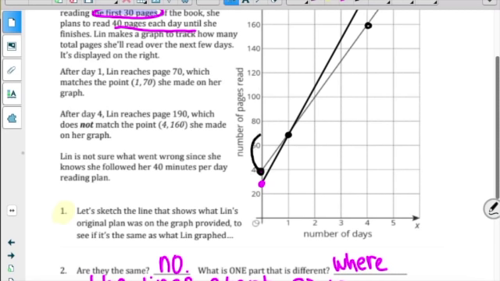To go from 40 to 70, we changed by 30. So that's our numerator. Our horizontal change from day 0 to day 1 is 1. So the slope of Lynn's line is 30 pages per day. But that's not what she's doing. She's reading 40 pages per day. So that's another place where Lynn messed up: she does not have the correct slope.